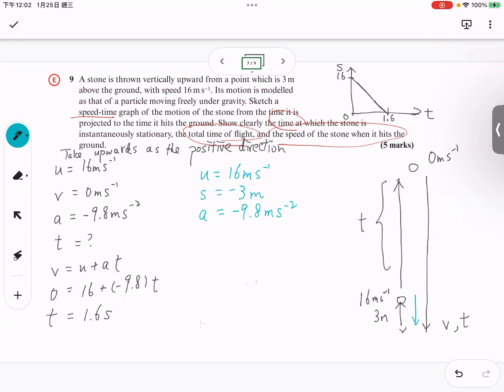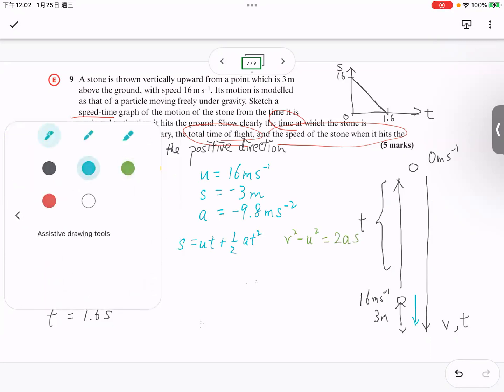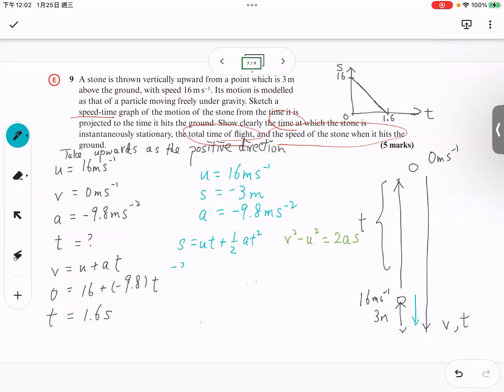So first of all, we will use s is equal to ut plus 1/2 at squared to find out the time at the last moment. And also, we will use v squared minus u squared is equal to 2as. Okay, I use another color to find out the velocity, the final velocity when it hits the ground. So first of all, let's plug in the numbers. We have -3 for s, u is 16, so -3 is equal to 16t plus 1/2 times -9.8 t squared.